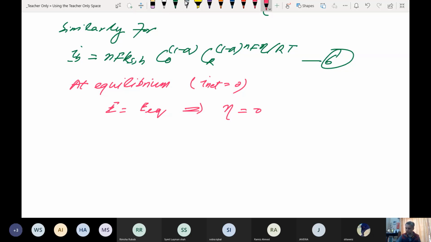So if we agree with that, then let us define what happens to the forward and the backward current densities at equilibrium.